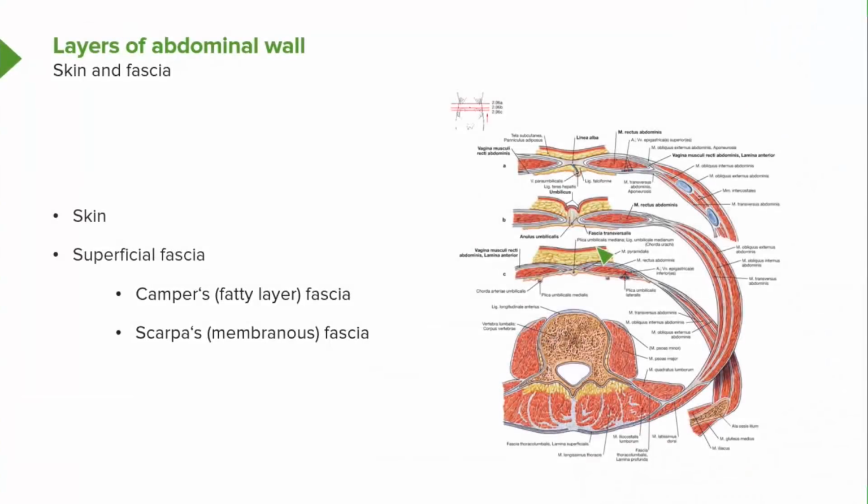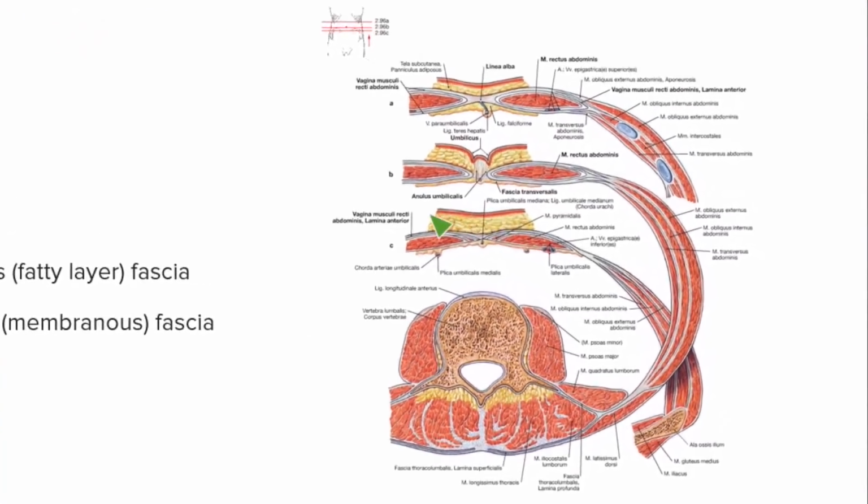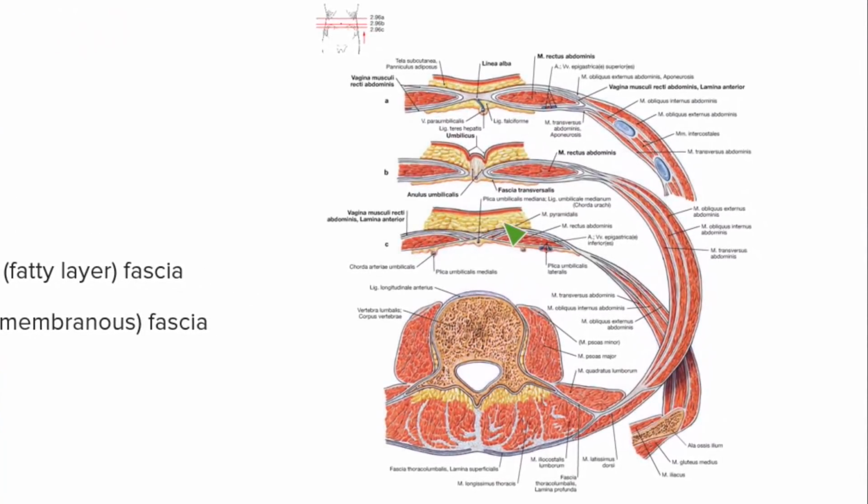We will then have 2 components that make up superficial fascia. The more superficial component of the fascia is this area here, shown in yellow. This is Camper's fascia, also referred to as the fatty layer. The amount of adipose tissue is variable. It'll depend on the nutritional status of the individual.